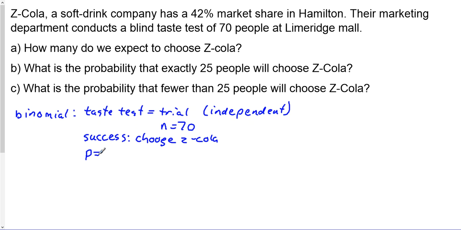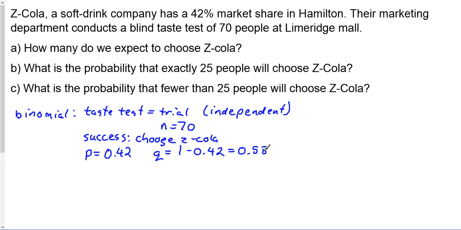That means that 42% of the soft drinks sold in Hamilton are Z-Cola. So it's not really the same as the number of people that like Z-Cola, but we can use that 0.42, that 42%, as the probability of somebody liking Z-Cola. And of course, q is going to be 1 minus 0.42, 0.58, for the probability of failure.